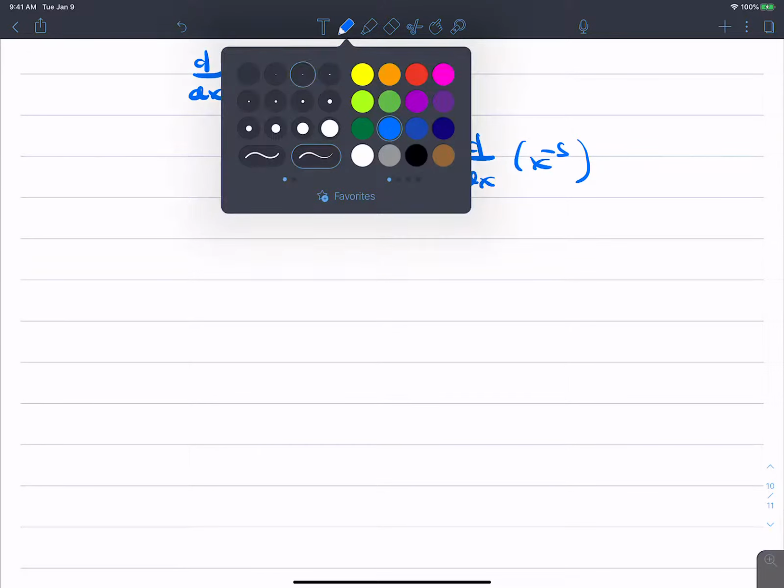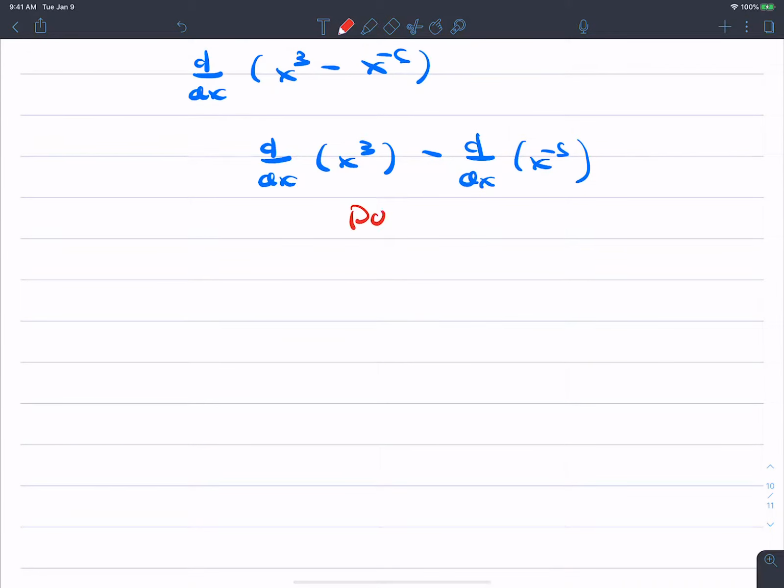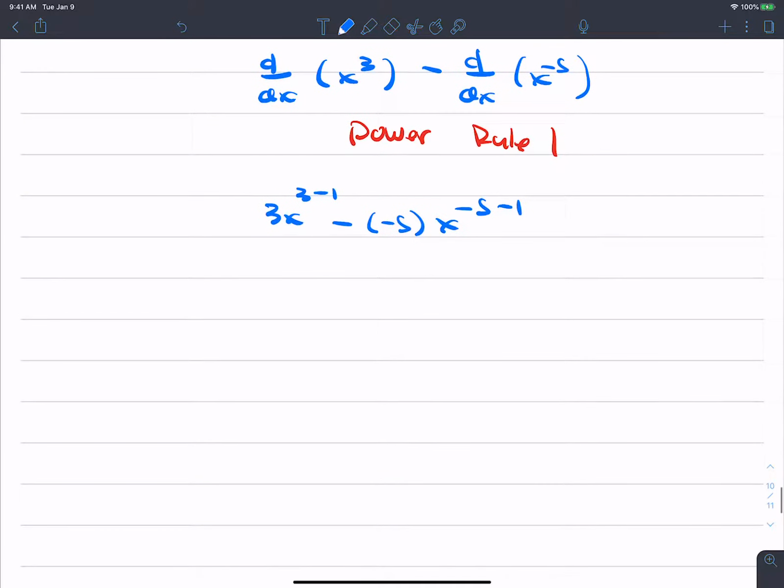And as you guys can see now, power rule for both. 3x squared minus negative 5x to the negative 5 minus 1. Maybe you guys need to see that still. I don't know. Okay, so let's go over every detail. 3x squared plus 5x to the minus 6 power.